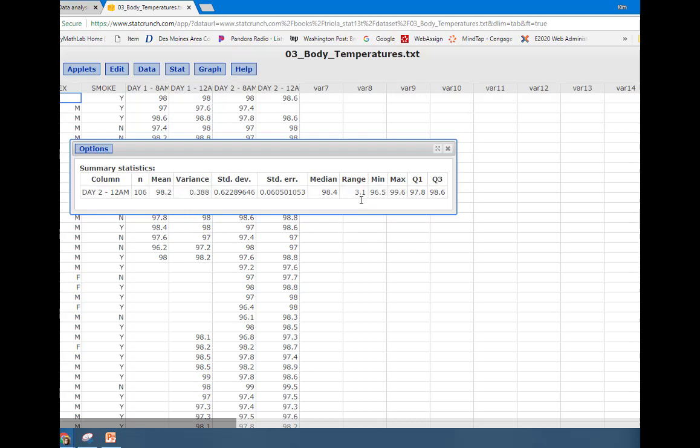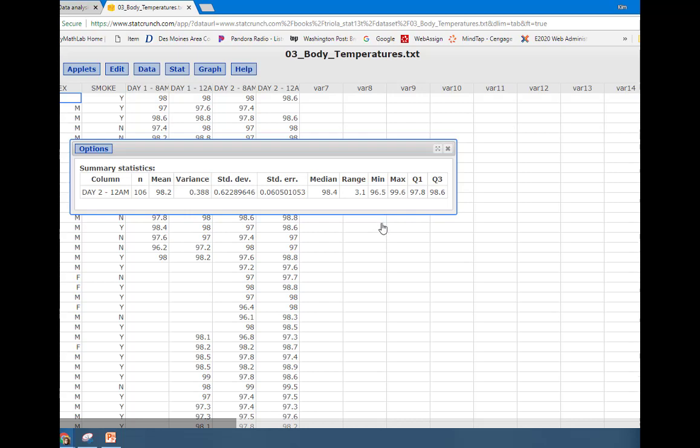So if we estimate the standard deviation of the population, we can take 3.1 divided by 4, and we get an estimate of our population standard deviation of 0.775.